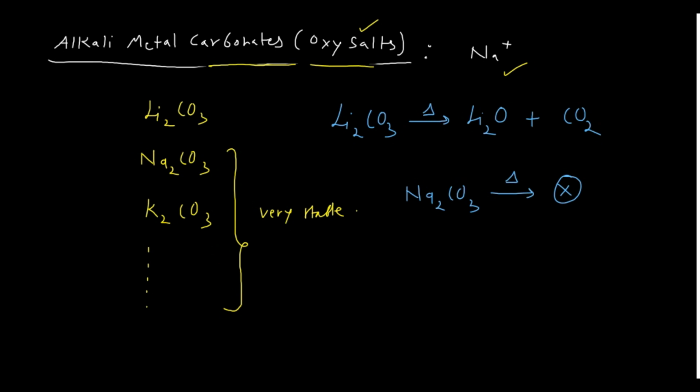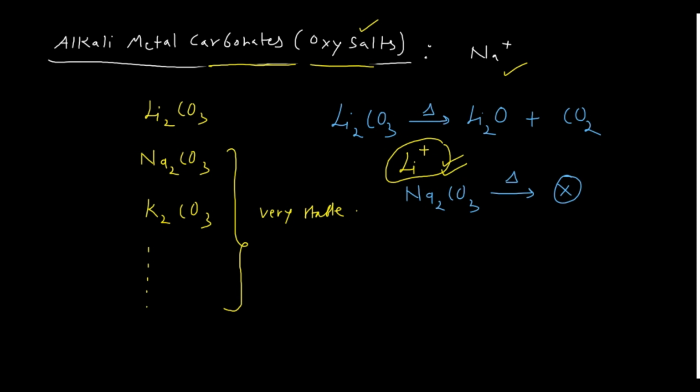So why is it happening in that case? The reason is the same, but the explanation is different. The cation Li+ is small in size, so its polarizing power is very high, and it can form stable salts with small anions.